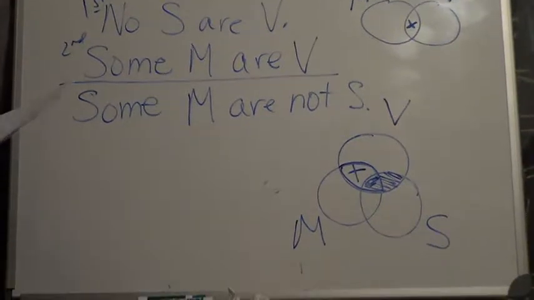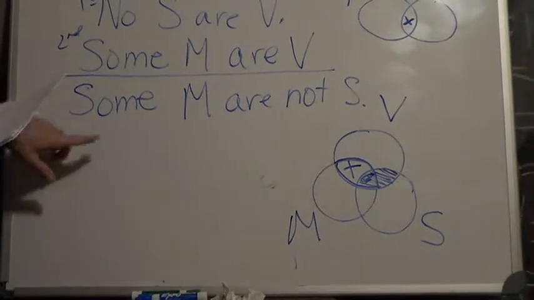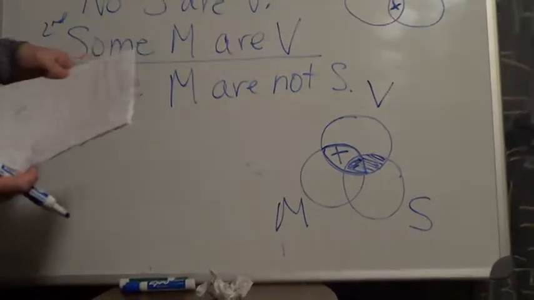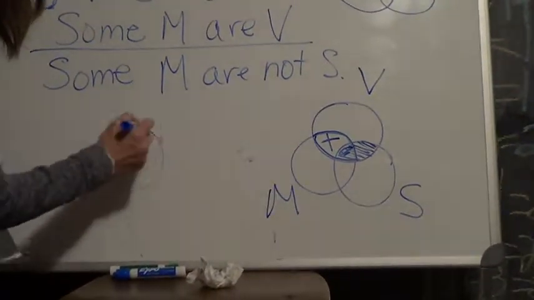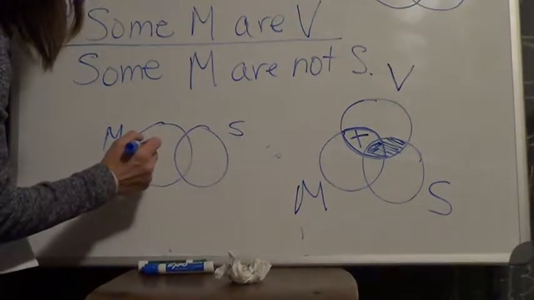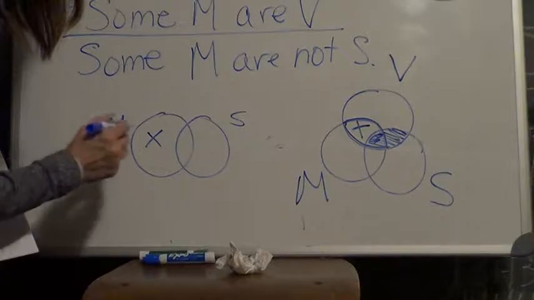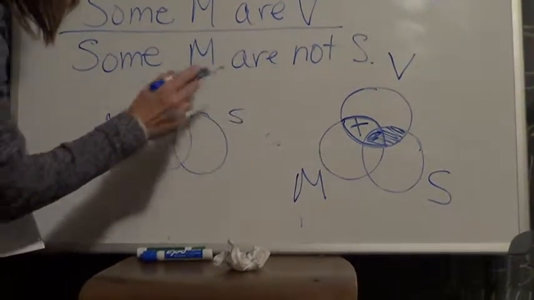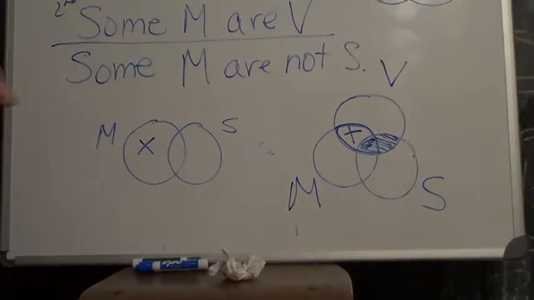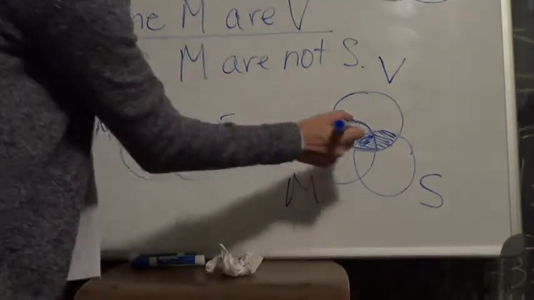So now if we want to determine whether or not it's valid, we take a look to see we have some M are not S. Okay, that's the conclusion. And if you were looking at that on its own, you would have an X over here, right? Because there's something that is an M that's not an S. And now we just want to see whether this diagram represents that.